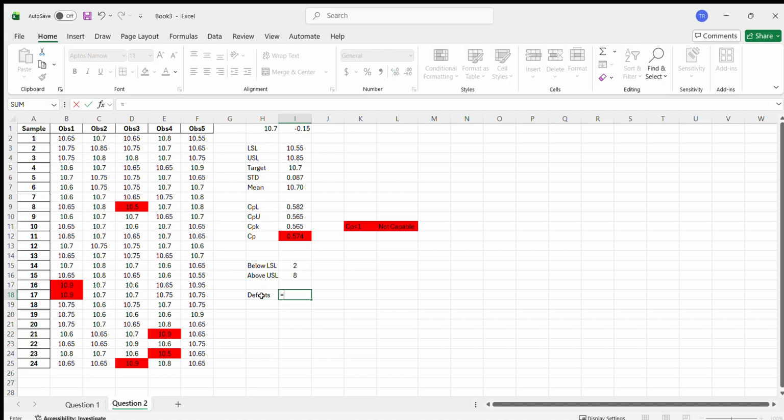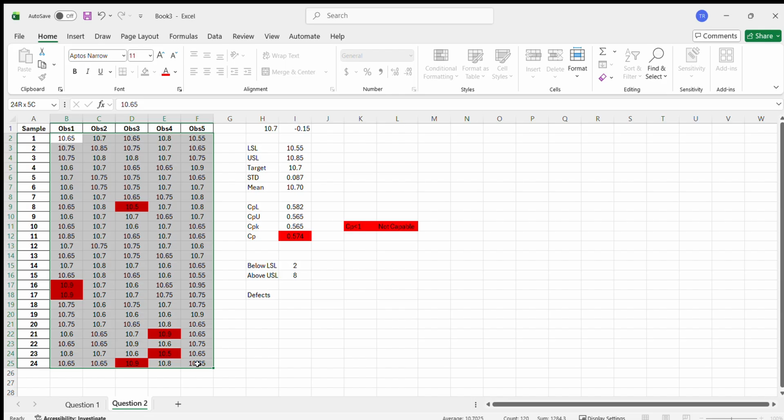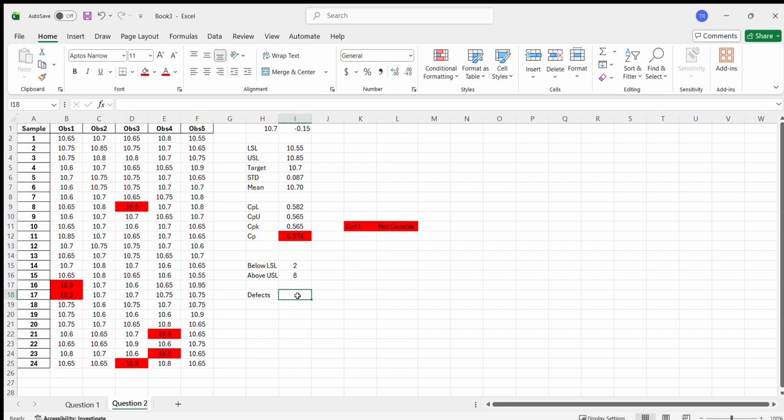So that's just a simple equation of 10 divided by, well, first let's see how many there are here. 120. Okay, so equals parentheses 10 divided by 120, and let's move that to percentage. That doesn't seem right. Just delete that. Oh, I know I did it wrong.